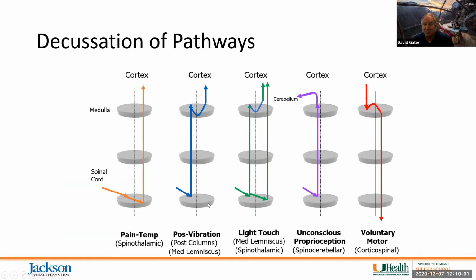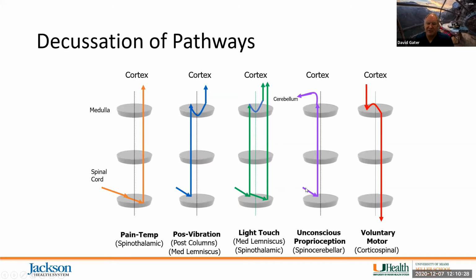You have position vibration information coming in, and it ascends ipsilaterally, crosses over at the level of the medulla and provides information to the somatosensory cortex. Light touch, on the other hand, is redundant in that you see both the spinothalamic and posterior columns seem to convey the same information, some of which is crossed over at the level of the medulla.